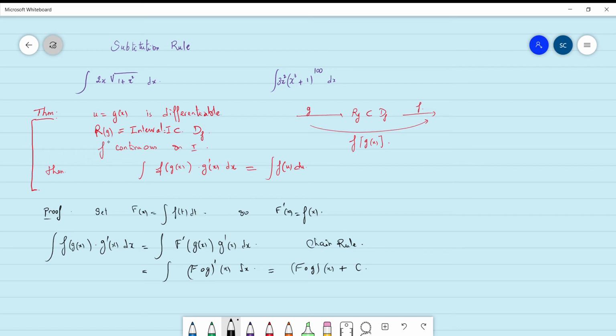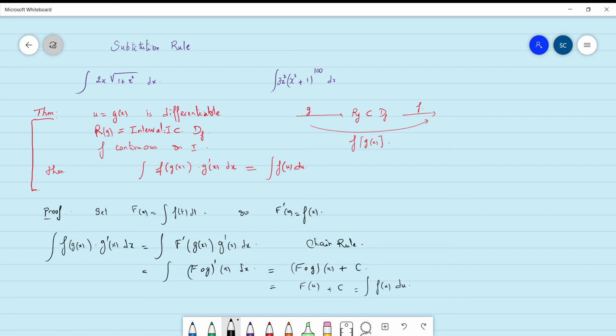We can write it differently as F at u plus C, which is the integral of f(u) du. So this is what the theorem says.